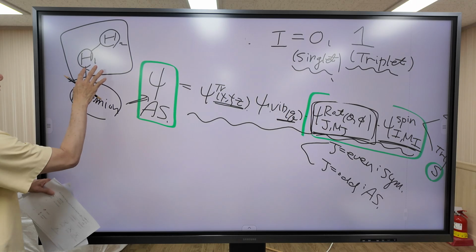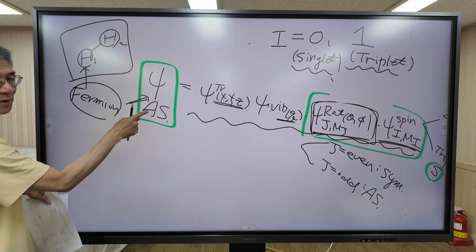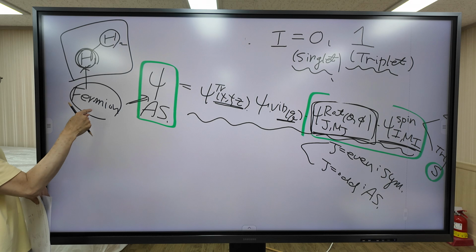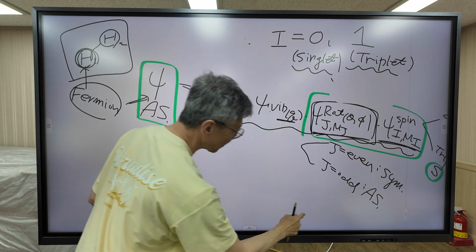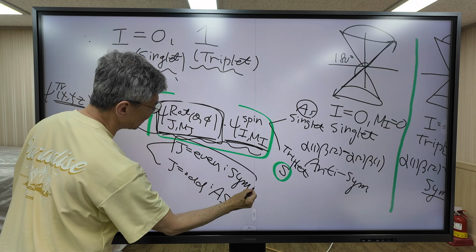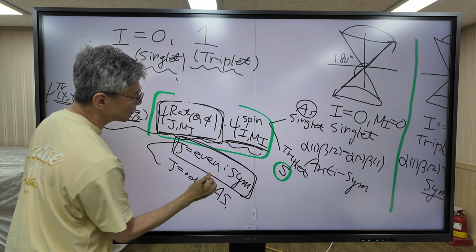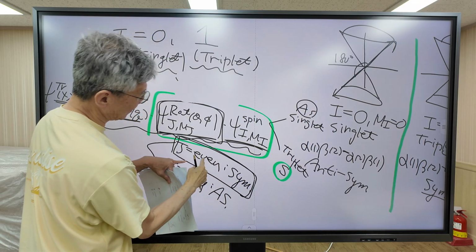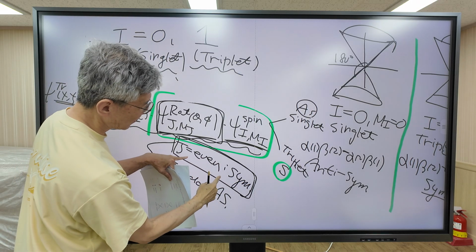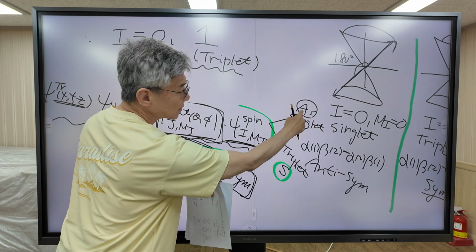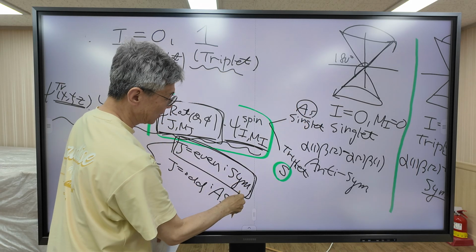Now, this function must be anti-symmetric because the nucleus hydrogen is fermion. When the rotational state J is even, this rotational state must be coupled with antisymmetric singlet state, right?